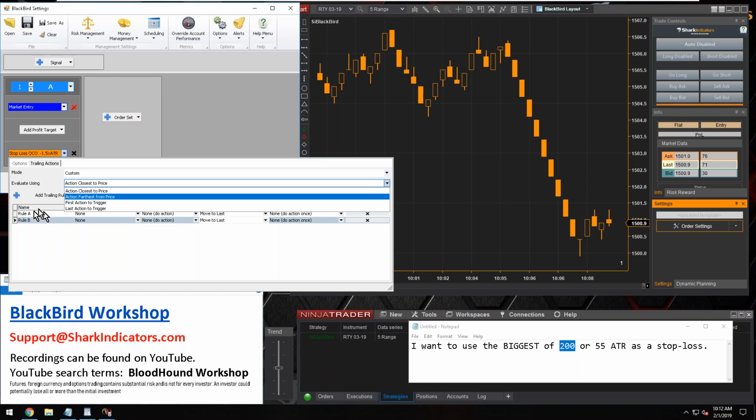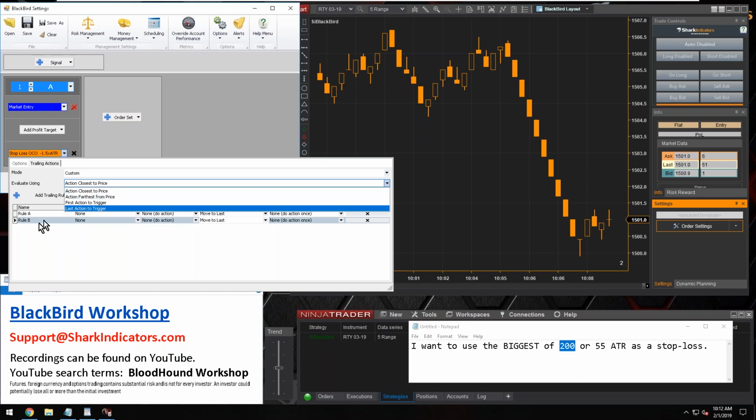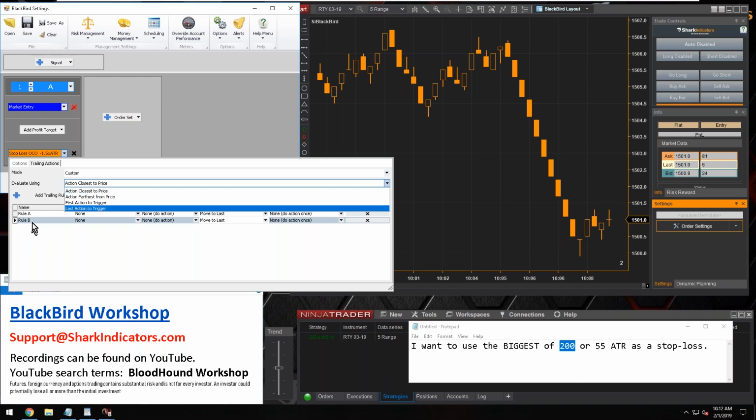So for all the trailing rules, whichever trailing rule's calculated price will bring the stop loss closest to the market price is the trailing rule that gets used, that gets fired off, and the other trailing rules are just ignored.